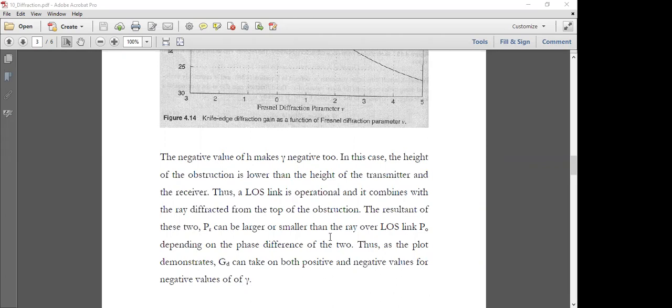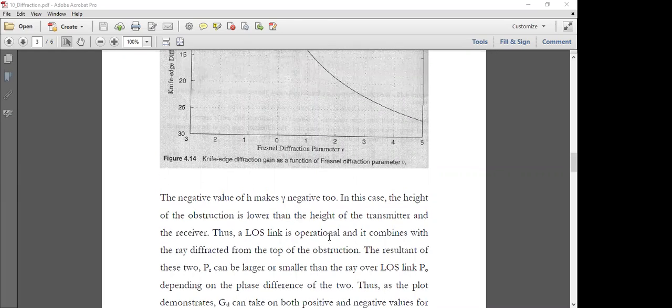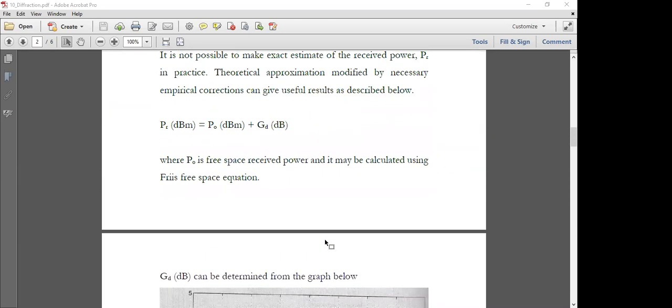We will have more discussion on intersymbol interference when we consider the non-LOS environment, where there will be too many paths available. Still, all these things we have discussed, diffraction, reflection, penetration, are part of the non-LOS environment.